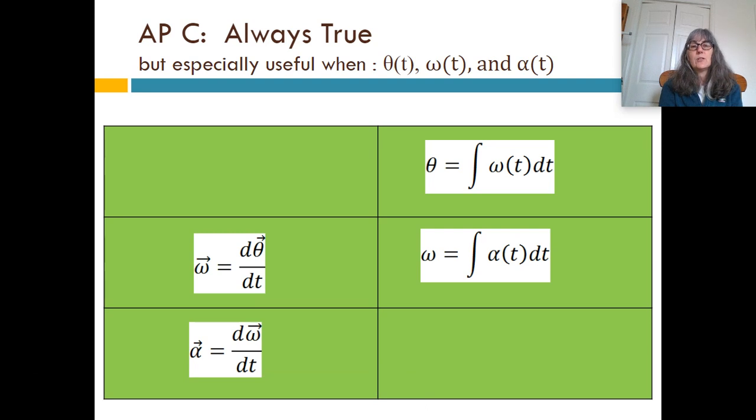So these same relationships hold as they did when we did this with translational motion. If you take the slope of angular velocity, that is the same as taking the derivative, and that's going to give you the angular acceleration.